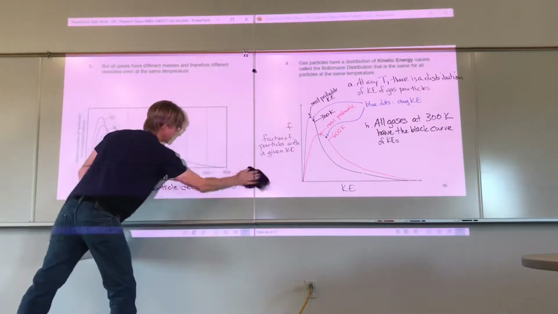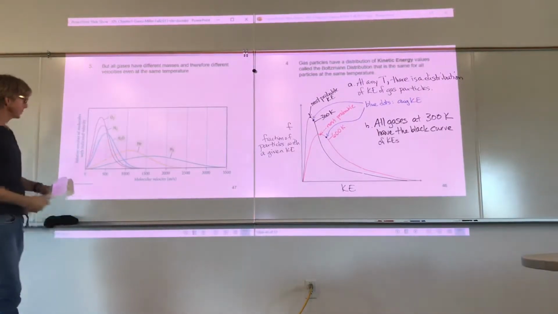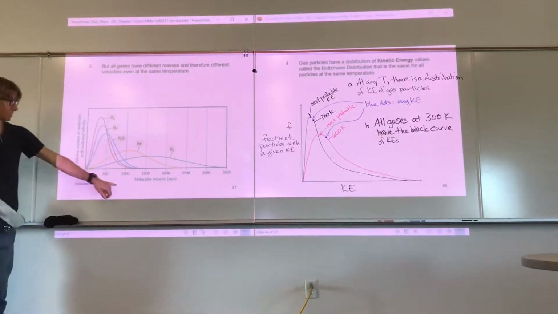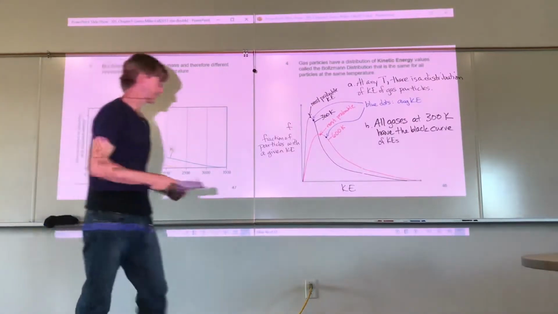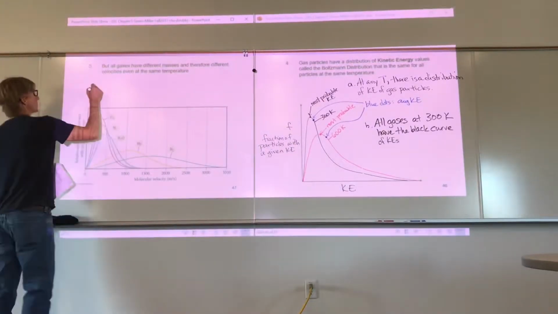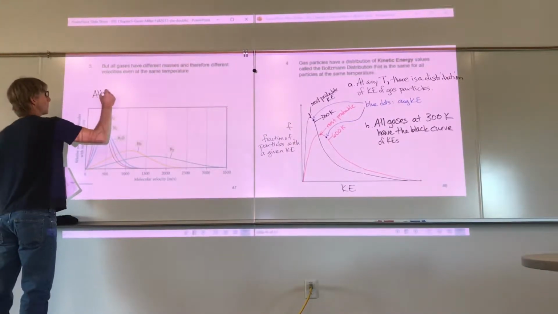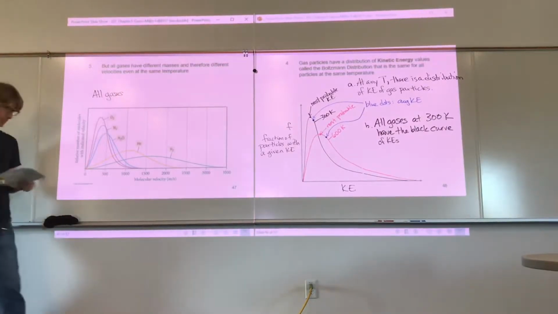This is all at the same temperature. I don't think it says what temperature it is. I think it's room temperature. But all I'm going to say is all gases at the same temperature.